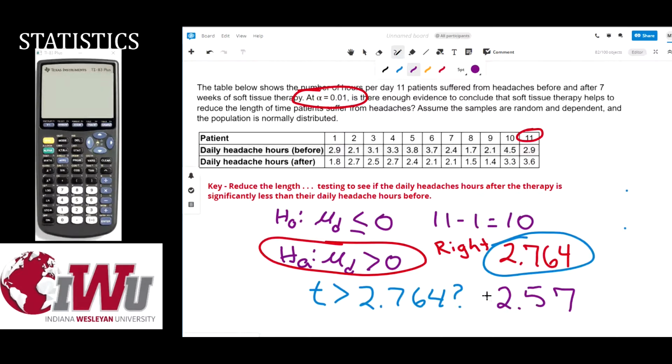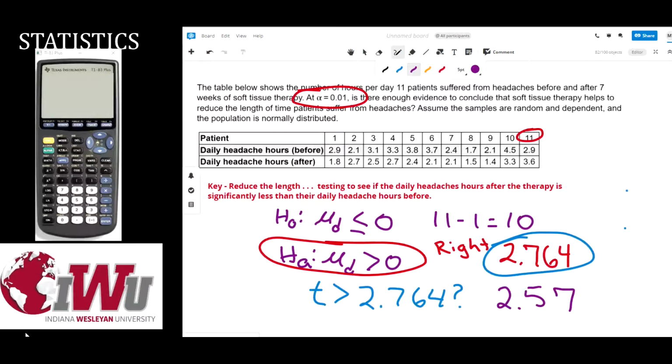Is 2.57 greater than 2.764? The answer is no, it's not. So the 2.57 is not in that critical region. Since it's not in the critical region, we are going to fail to reject the null hypothesis.